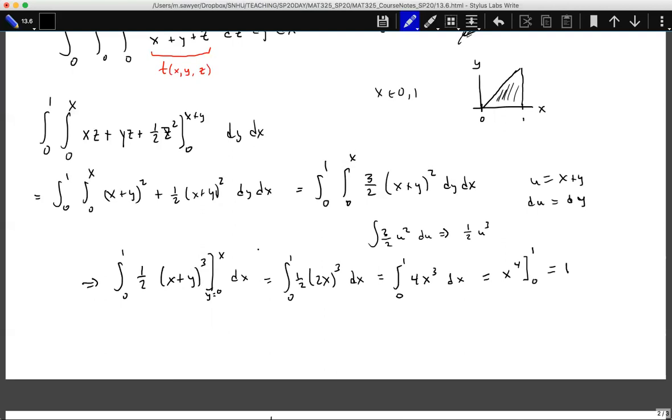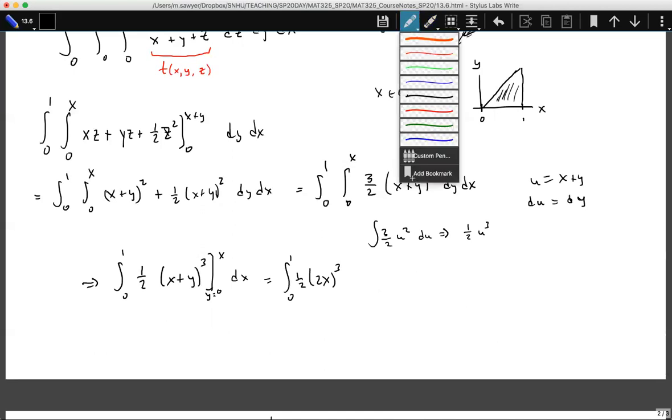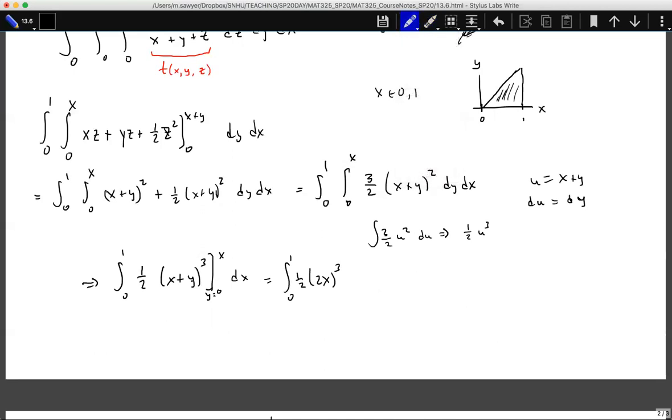Except I dropped the y equals 0. So let's go back and double check. We dropped in y equals x, and then we need to subtract this piece here, 1/2 x cubed dx. It's important to do all the steps in the fundamental theorem of calculus.